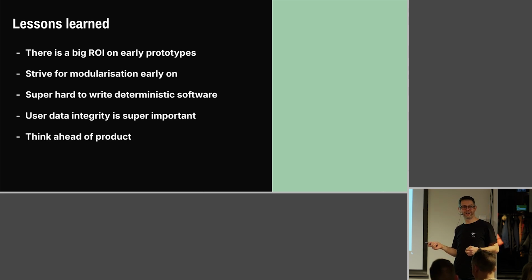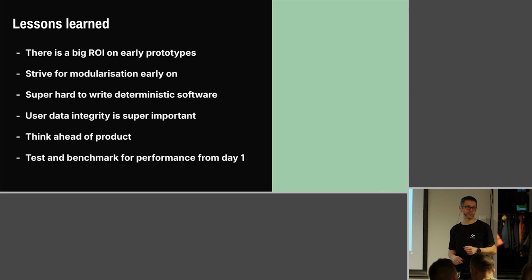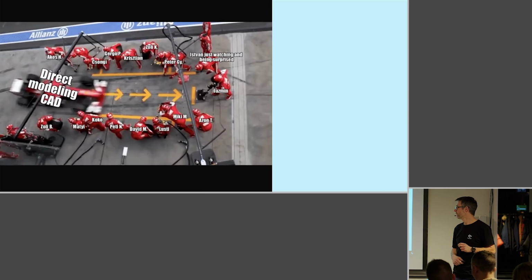Some people who are product focused might not agree, but I think for engineering it's really important to always think ahead of the product, to open up possibilities, even platform-wise, for future product requirements. And of course, test and benchmark for performance from day one, even if your system has not grown up yet.